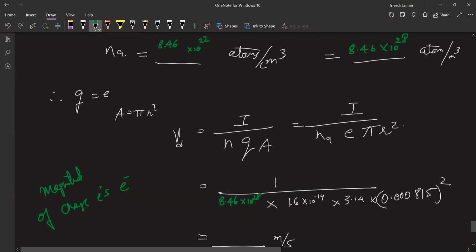Calculation, the main thing is calculation. Shall I do the calculation?